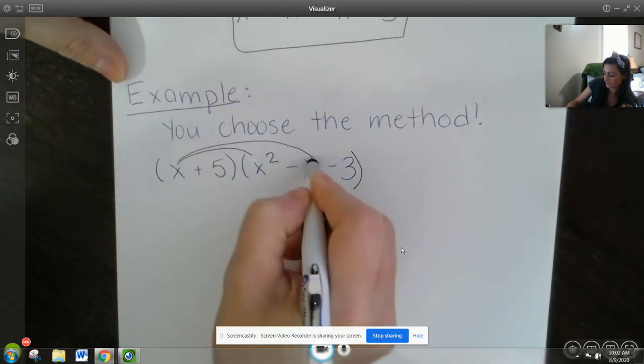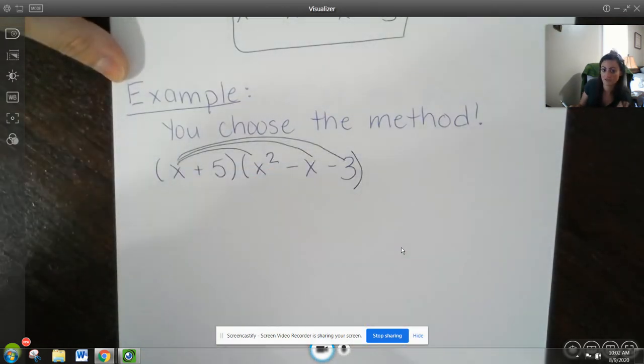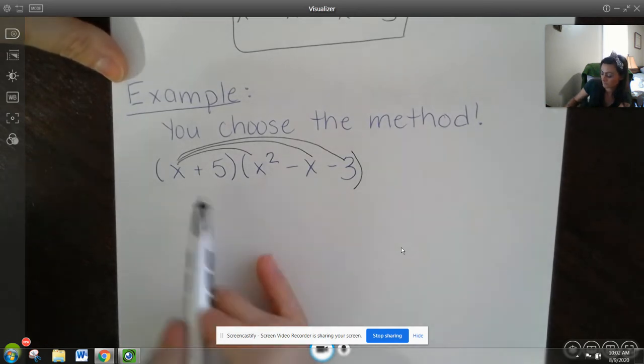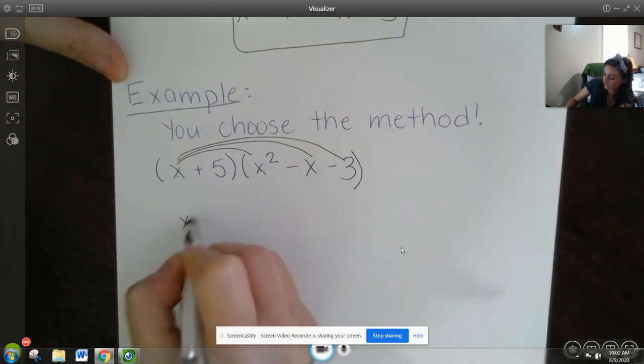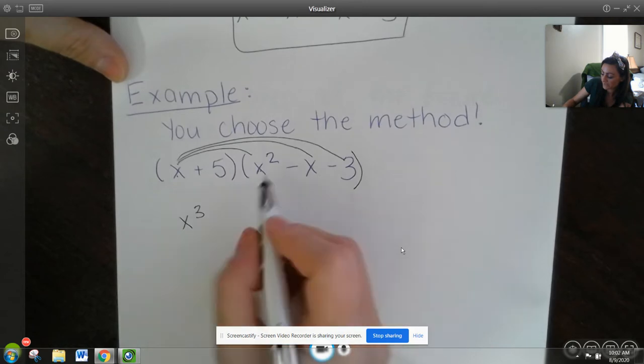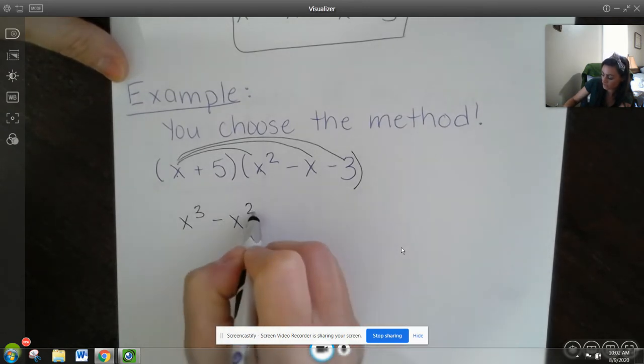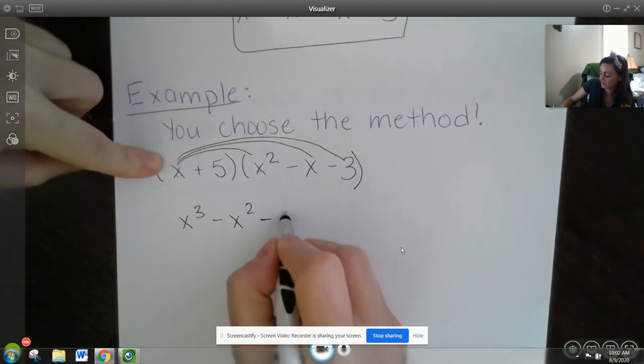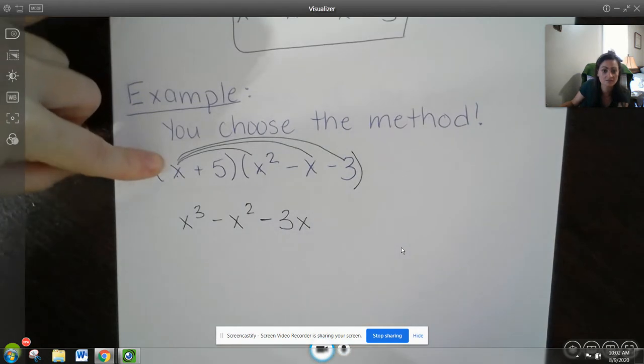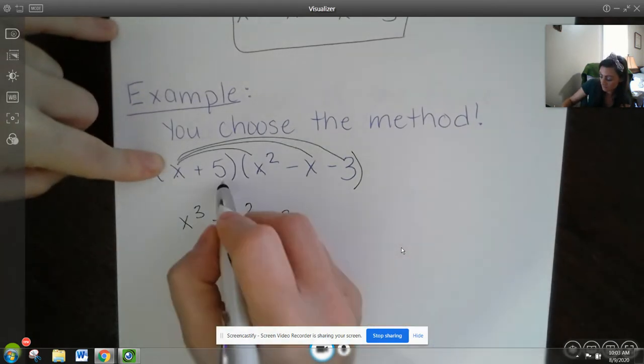So I'm going to do the distribution method since that's new. X times x squared gives me x cubed. x times negative x gives me negative x squared, and then finally x times negative 3 gives me negative 3x.